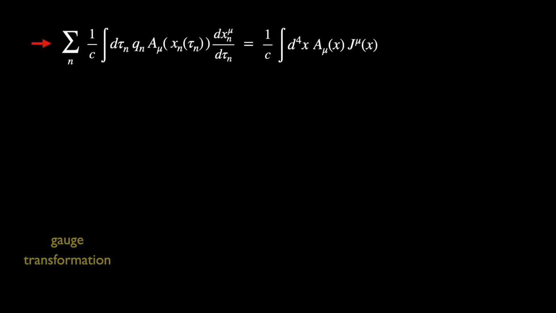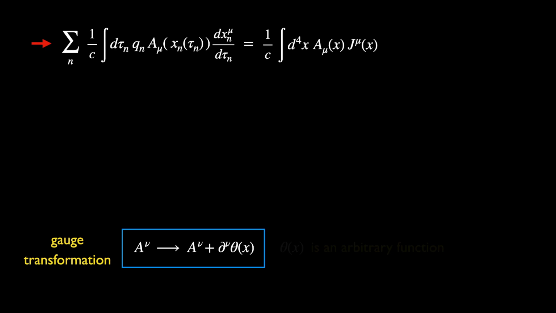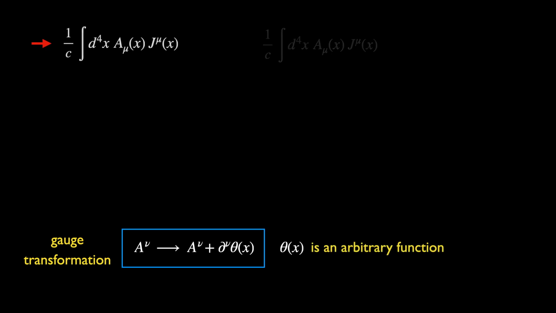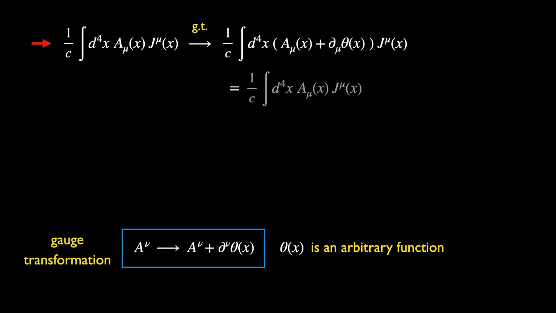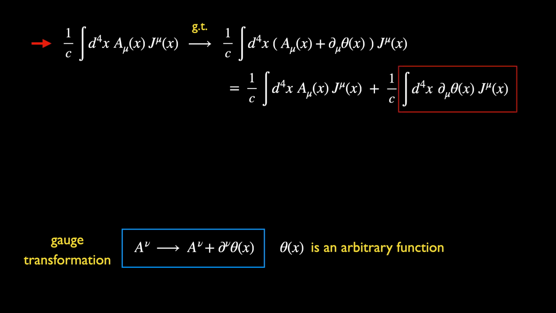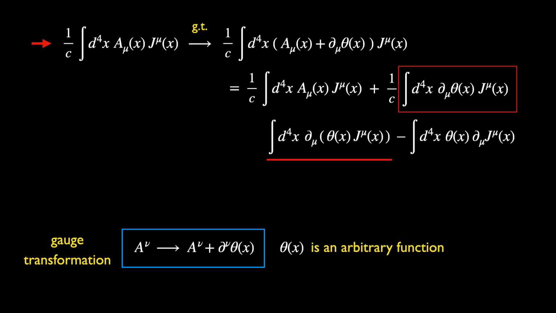There is a connection between the gauge symmetry of this action and the conservation of charge. Taking the gauge transformation of this leads to this extra term, which can be written in this way using the product rule. This total derivative can be evaluated to give a boundary term.